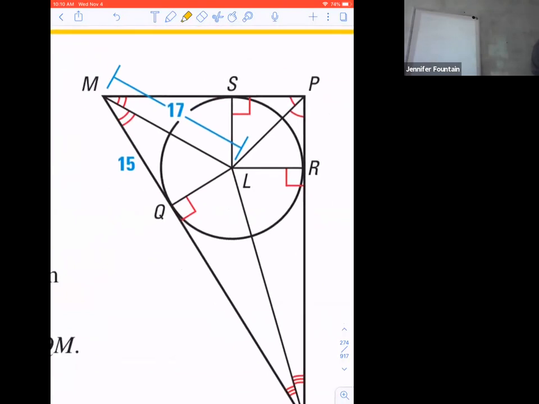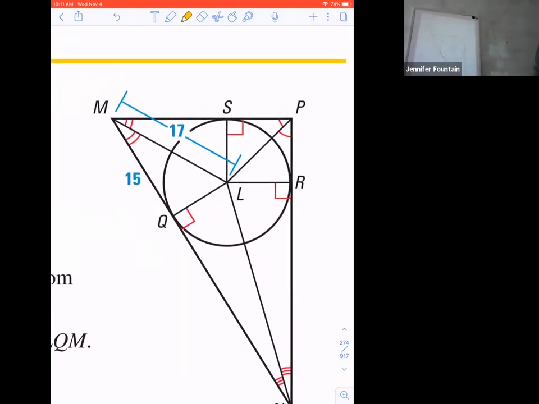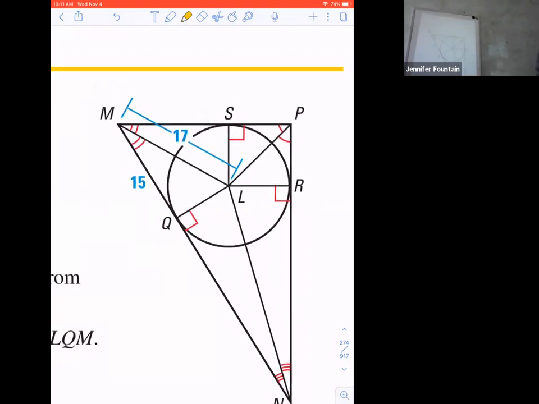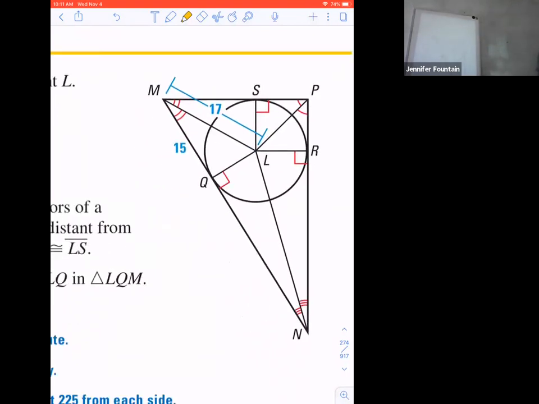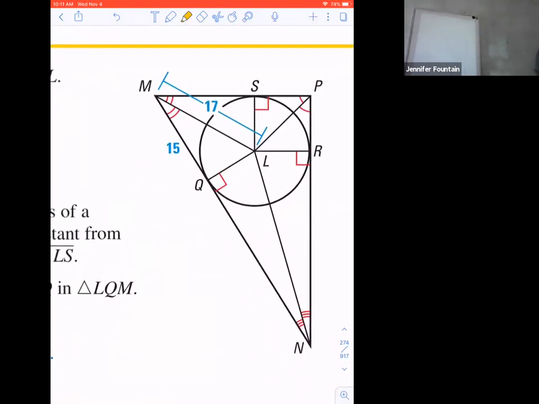So let's look at this. Notice that ML is 17. What other measures are going to equal? Can we figure out any? What measures are going to be congruent here?